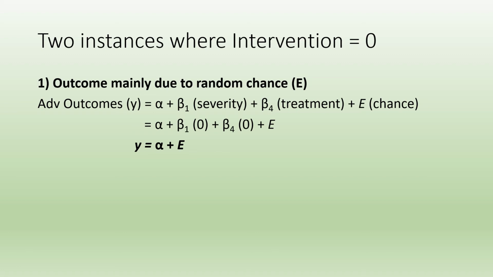When beta sub 4 has been given a 0, it cancels out, leaving us with alpha plus beta sub 1 plus e. In this instance, severity, or beta sub 1, has also been given a 0, so it will also cancel out, leaving us with adverse outcomes amounting to alpha plus random chance.